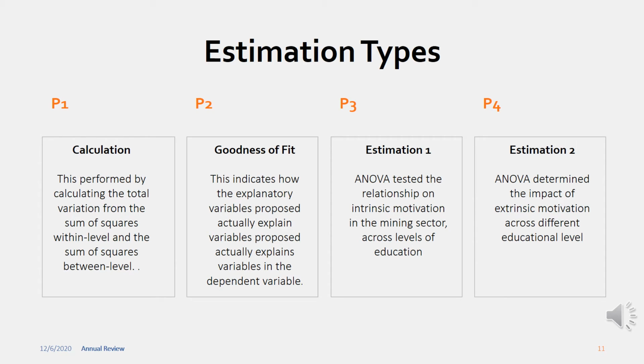However, not having the data available to conduct these tests does not indicate how the explanatory variables explain the dependent variables. Additionally, ANOVA was conducted on intrinsic and extrinsic motivation as it relates to education factors. However, calculations or different impacts of correlation analysis could not be determined.